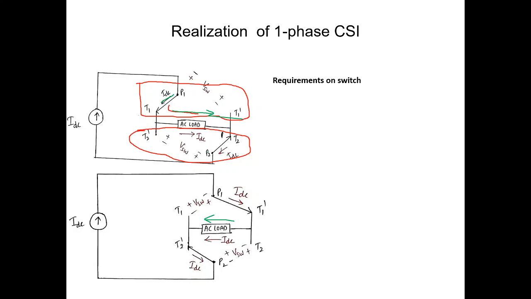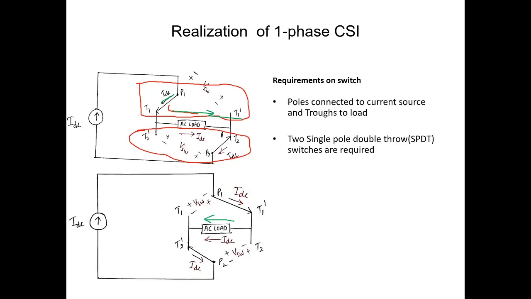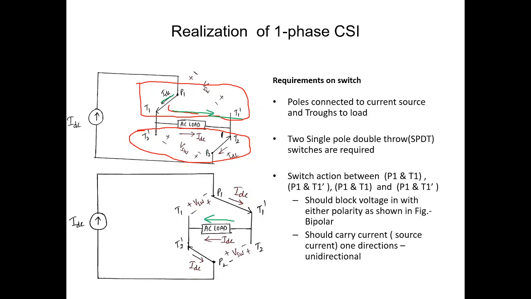The switches must block the voltage with either polarity between any pole and throw, and they should carry current in only one direction as shown in the figure. So the requirement of the switch is that it should block voltage with either polarity and carry current in only one direction. So we require unidirectional and bipolar voltage blocking capable switches.